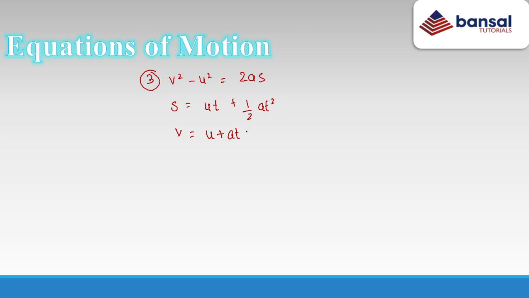Now this at will be converted in the form of v and u, because we want s and a, we want v and u. So at equal to v minus u.